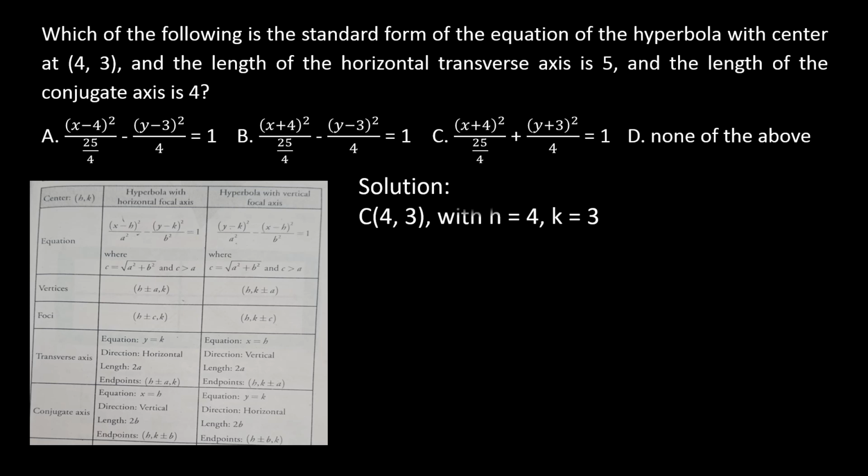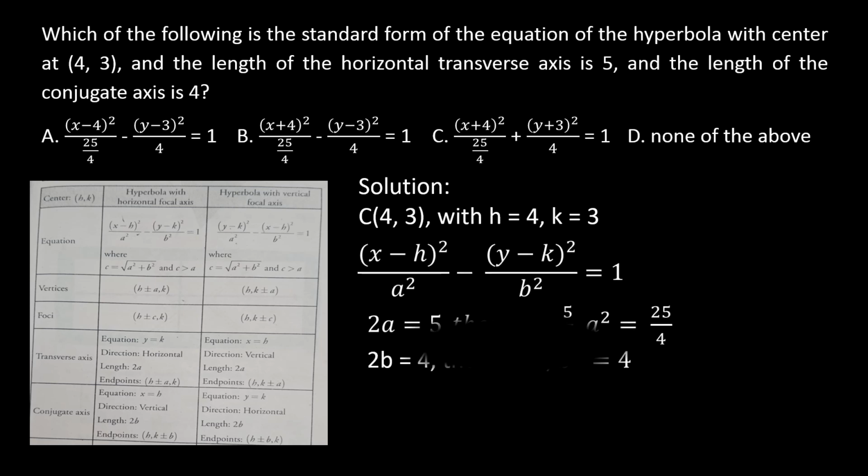So 2a is equal to 5, and dividing both sides by 2, a is 5 over 2. A squared is 25 over 4. Then 2b is equal to 4, the formula for the length of the conjugate axis, so b is equal to 2 by dividing both sides by 2. B squared is equal to 4.